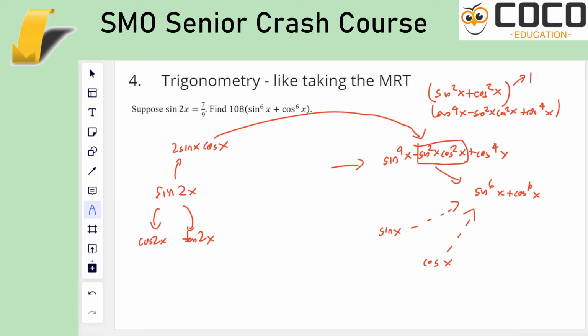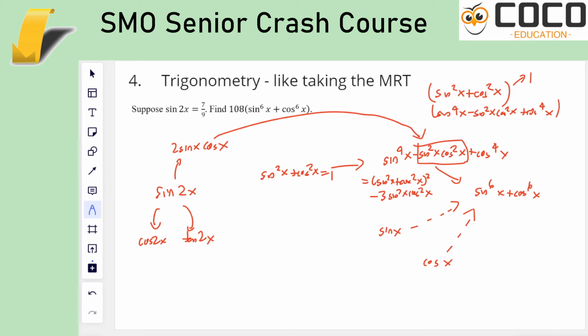So one way to do it is to combine and use sine squared plus cosine squared is 1 into here. To be precise, what we want would be equal to sine squared x plus cosine squared x, whole thing squared, minus 3 times sine squared x cosine squared x. So this is one way you can get there.